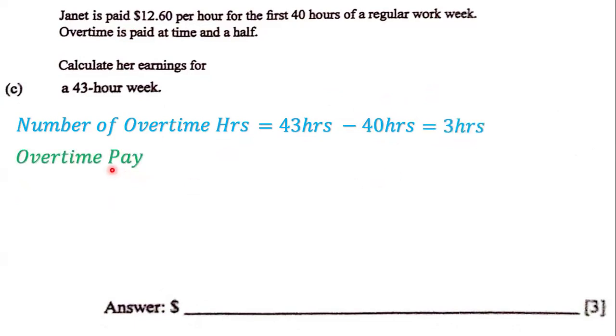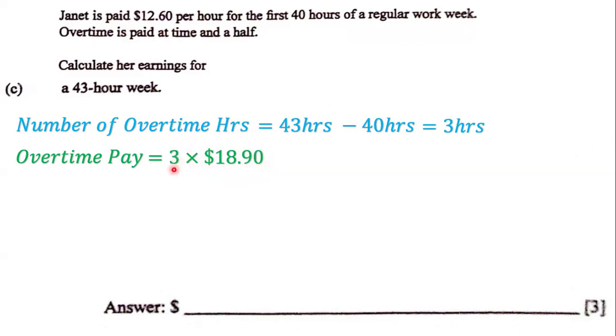Next, we're going to calculate her overtime pay. Overtime pay is going to be the number of hours of overtime, which is 3 hours, multiplied by how much she's going to be paid per hour for overtime. So this is $18.90. And we use $18.90 because that's how much she is paid per hour for overtime.